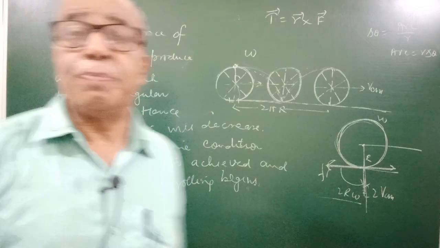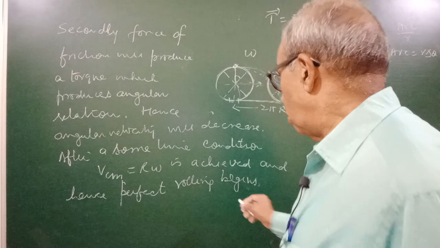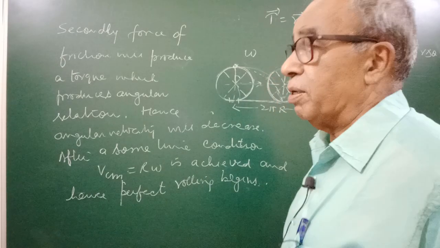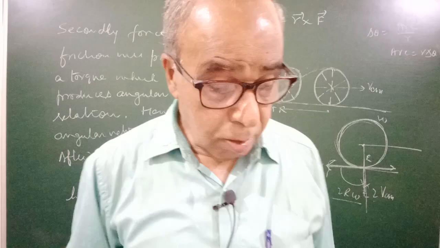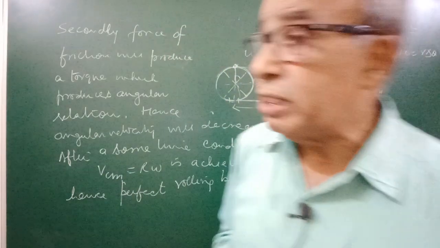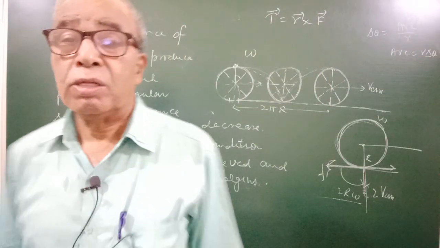And force of friction F disappears. So this is the condition of perfect rolling. Perfect rolling takes place when VCM is equal to R omega. Thank you.